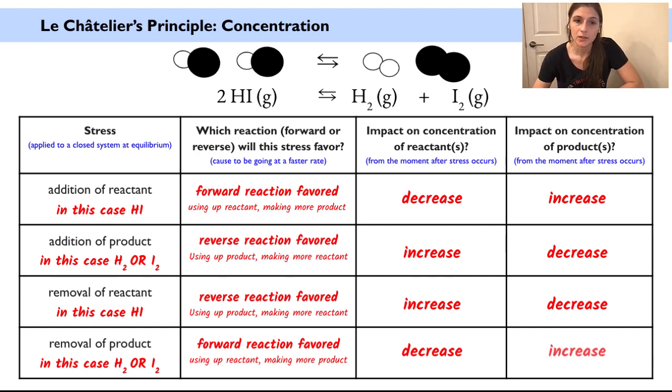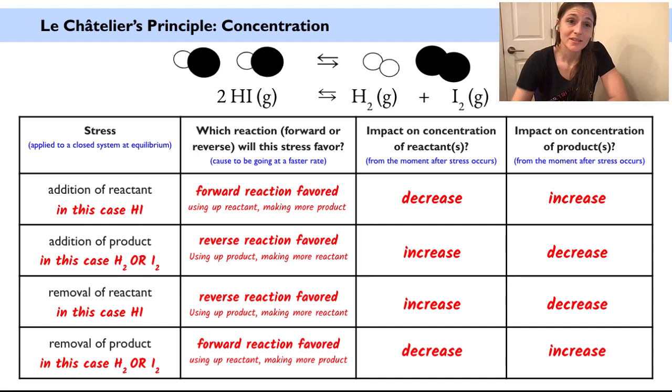And we are going to increase the concentration of product. This is a lot. I recommend rewatching that segment of the video where I went through the summary table, writing the summary table down, and really thinking through what I just talked about. Because you could certainly just memorize that summary table of what happens with each stress, but this will go a lot better for you if you can think to understand each step along the way.